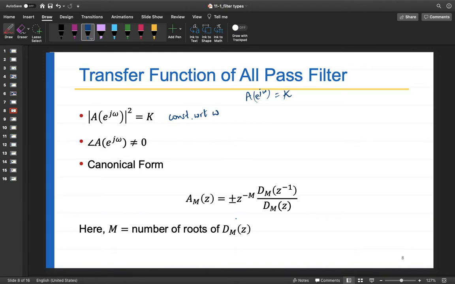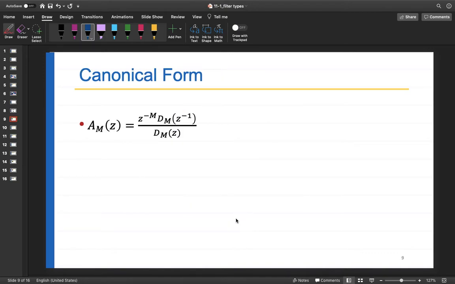Let's study this canonical form in a bit more detail. Okay, so generally we take a positive sign here. What is the negative sign? What does the negative sign do?